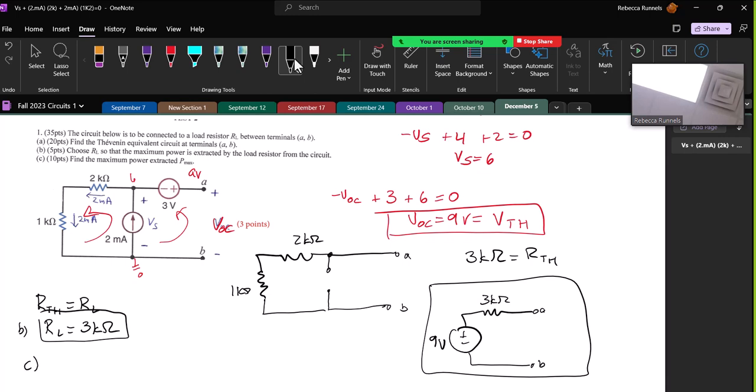Part C, find the maximum power. Okay, so let's put that resistor in. So we have 3 kiloohms here. This is 2 milliamps. This is 3 volts. We've got 2 kiloohms and 1 kiloohm.